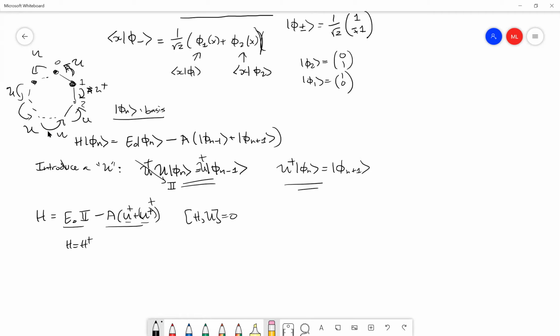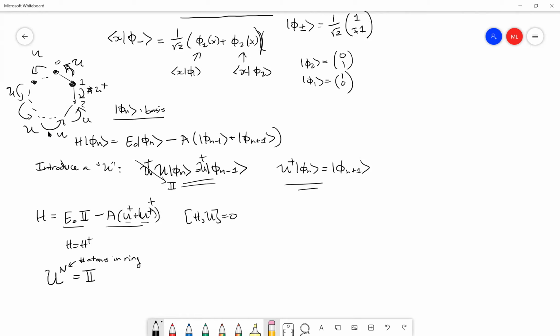Well, if you go back to where you started, you must get back the same state. So what does it mean? It means that we have a constraint: U raised to the nth power, where n is the number of carbons or number of atoms in the ring, has to be equal to the identity.